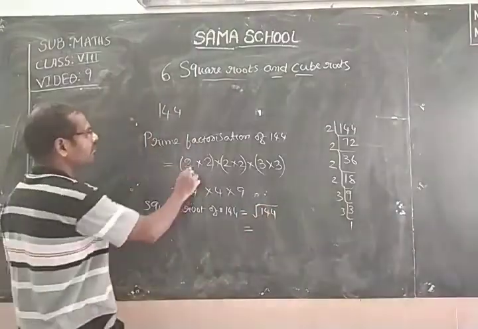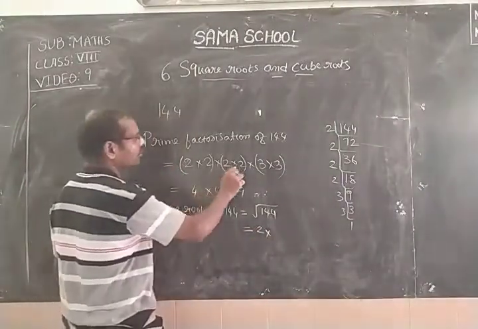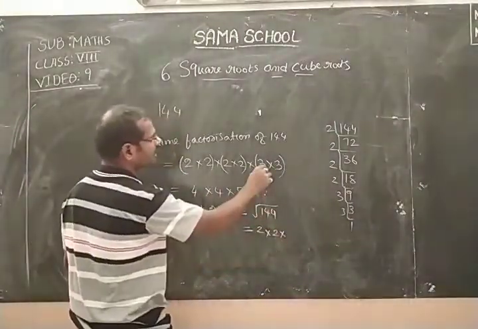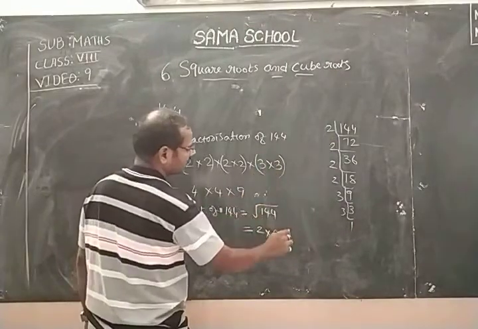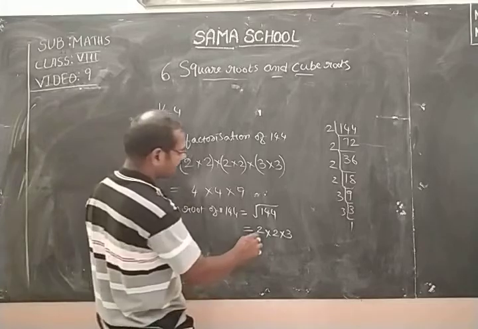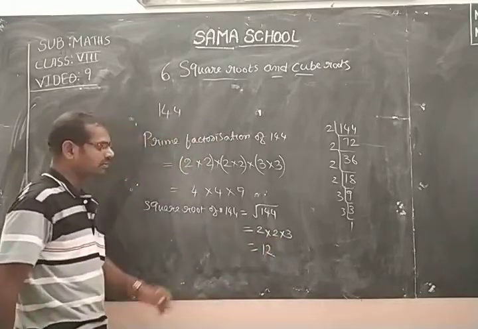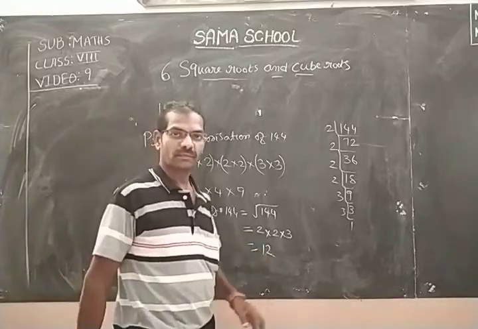So instead of 2 twos, you write 1 two only. Instead of another 2 twos, you write another 2. Instead of these 2 threes, you write 1 three. So finally the answer is 2 twos are 4, 4 threes are 12. What is the square root of 144? You should say 12.